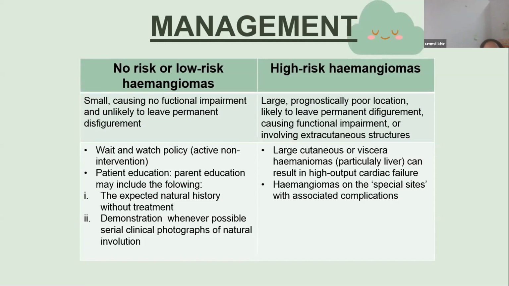It is likely to leave permanent disfigurement, can cause functional impairment, or involves extracutaneous structures. The ones that need intervention are those with a large cutaneous or visceral hemangioma, particularly in the liver, which can result in high-output cardiac failure, and hemangiomas on special sites with associated complications that I explained just now.